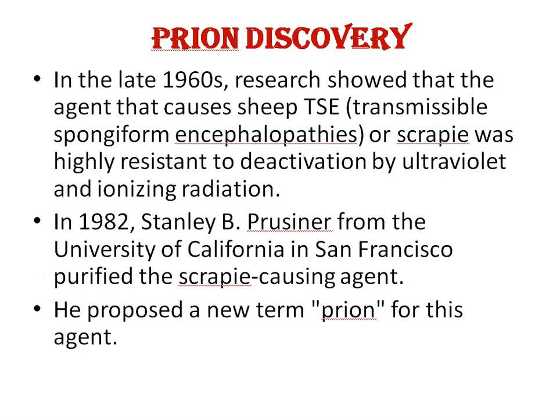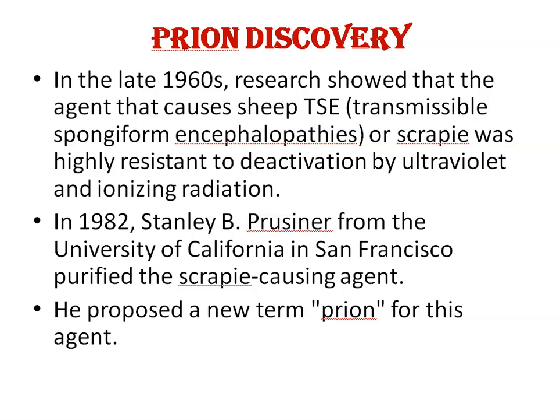Now, prion discovery. In the late 1960s, research showed that the agent that caused scrapie disease in sheep, also called TSE, transmissible spongiform encephalopathies, was highly resistant to deactivation by ultraviolet and ionizing radiations.